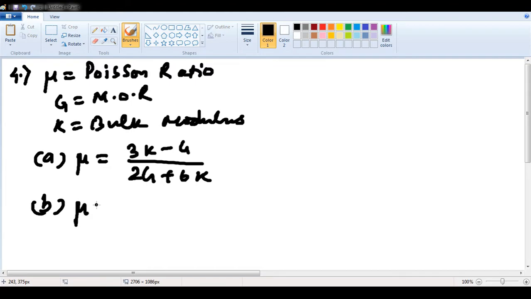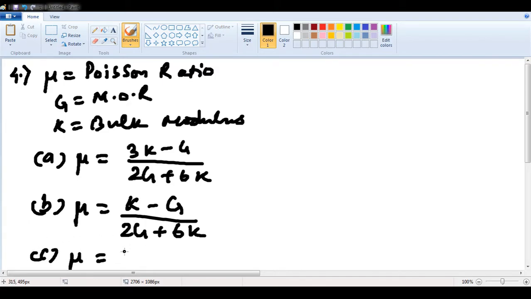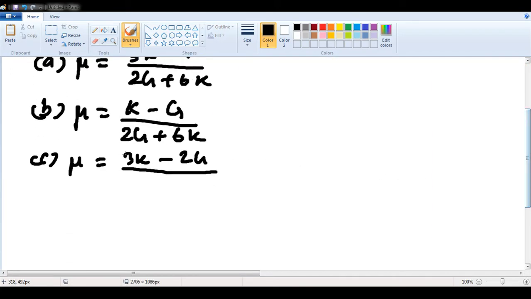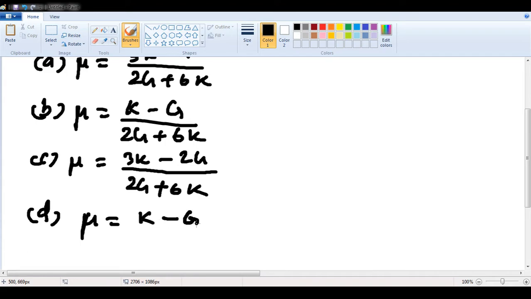Option B is given as mu is equal to K minus G divided by 2G plus 6K. Then option C: mu value is given as 3K minus 2G divided by 2G plus 6K.